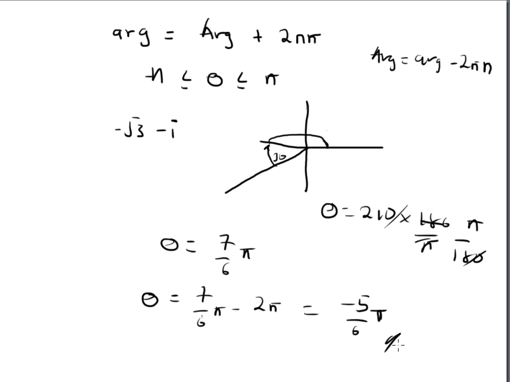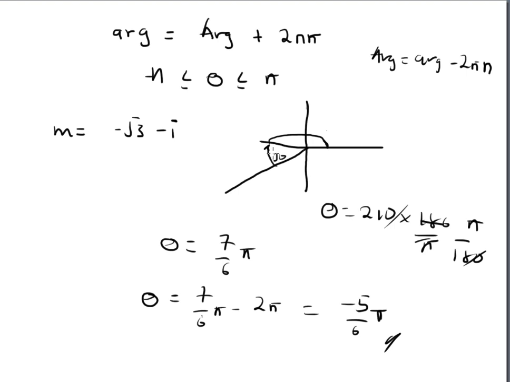Okay. So now let me go over this again. These were the values we are given, negative root 3 minus i. And we know that this falls in the third quadrant, where both x and y are negative, and in this case, the y represents the imaginary axis.